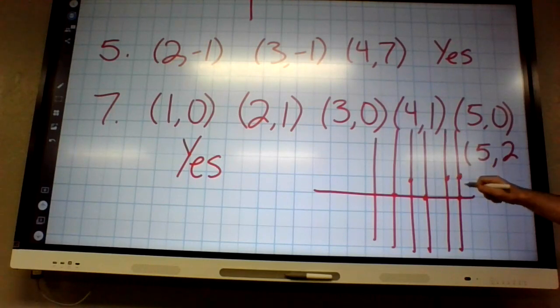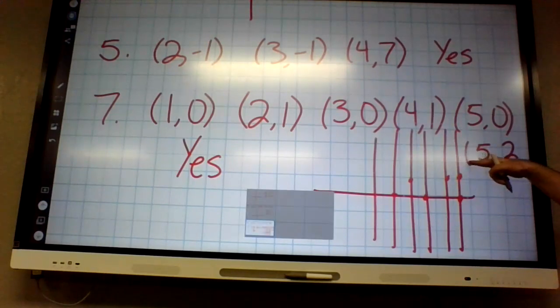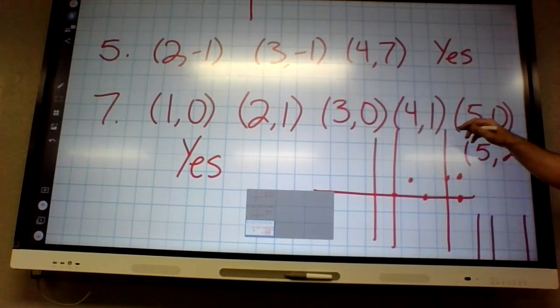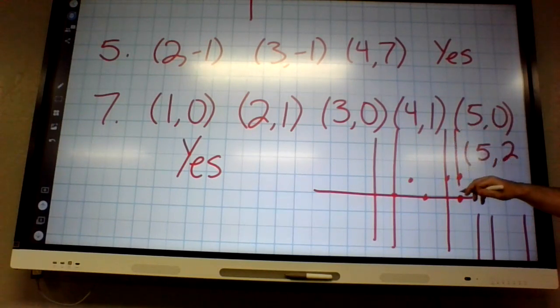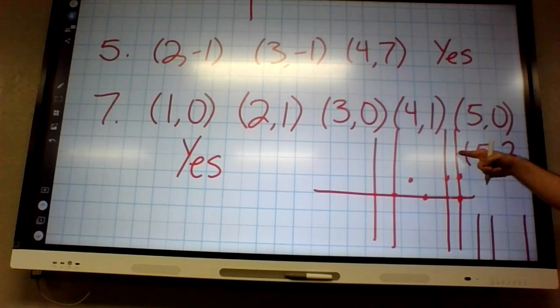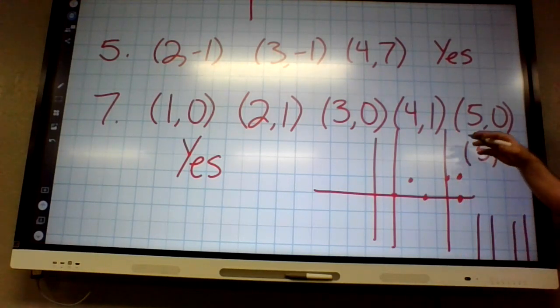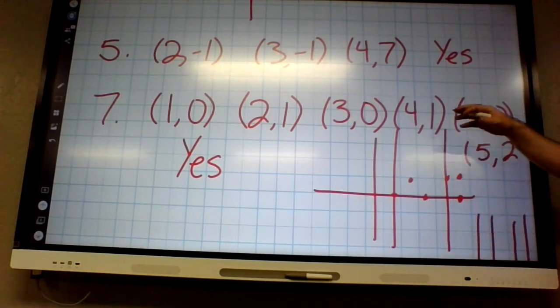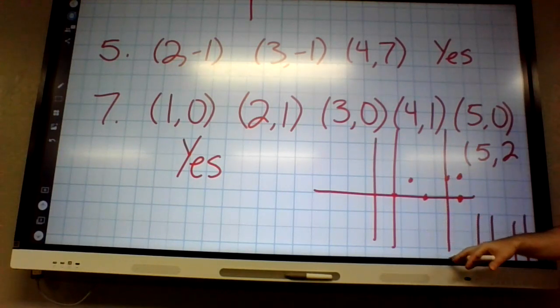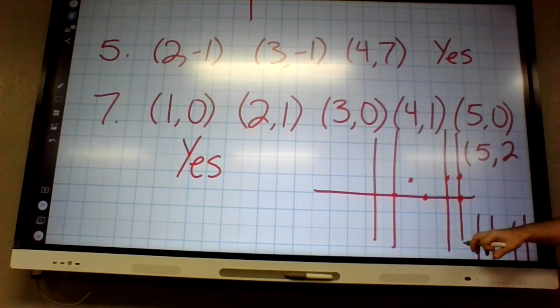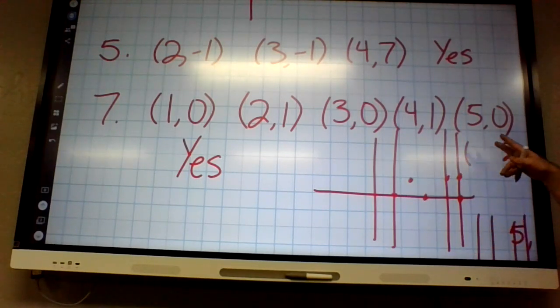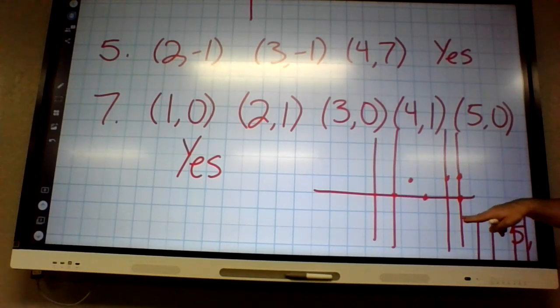Then there'd be a point right there, so it would fail the vertical line test because it would hit the graph twice. So if it only hits once, it is a function. It fails if it hits the graph twice. But 7 doesn't have that, so 7 is a function.